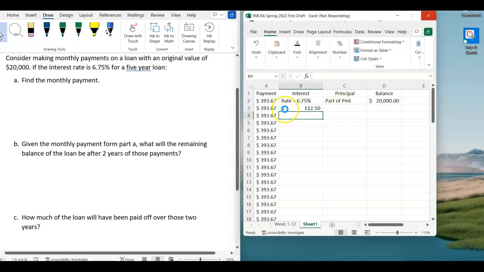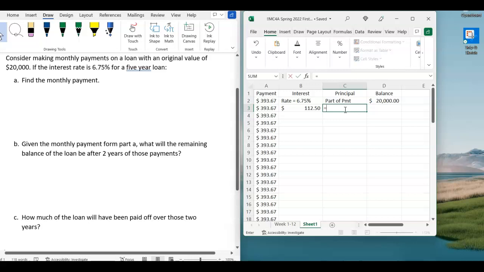Every time you make a payment of $393.67, the company takes away this interest, and the remaining value goes towards paying down the balance. So that will be equal to the $393.67 minus this interest number each time, and that tells us how much went to pay down the principal.